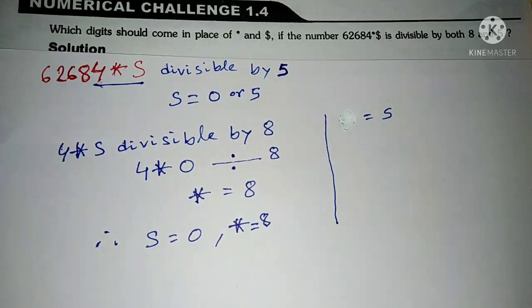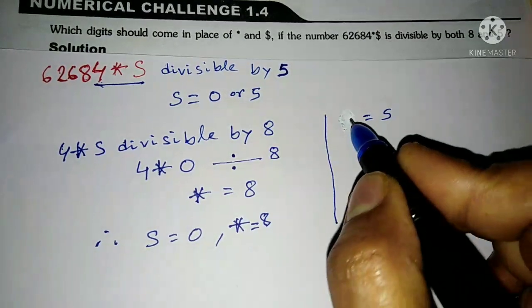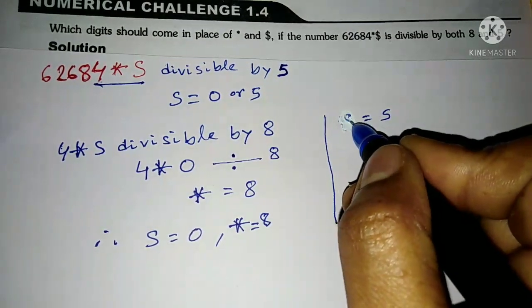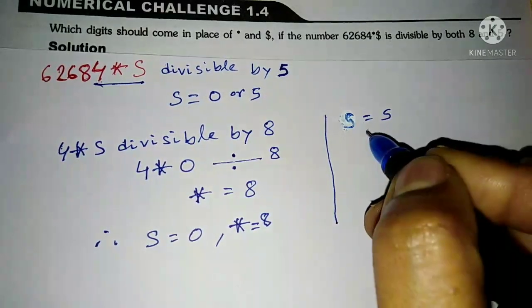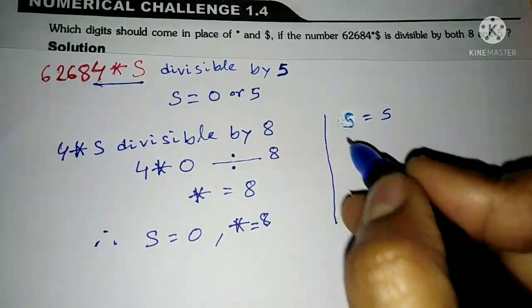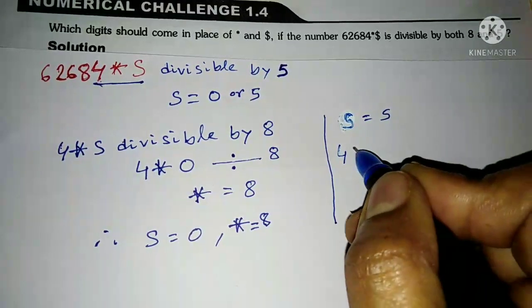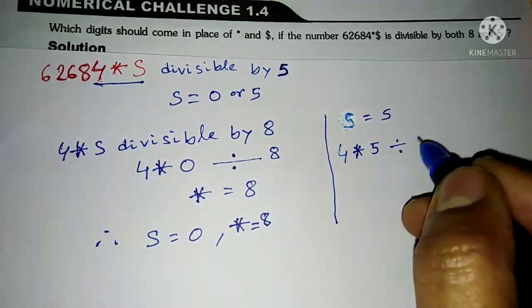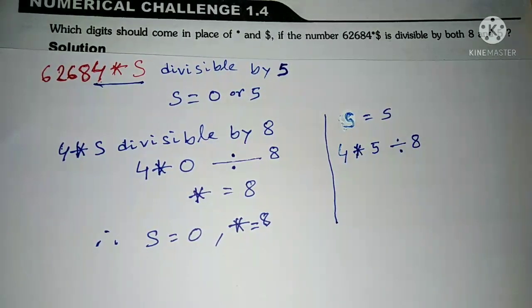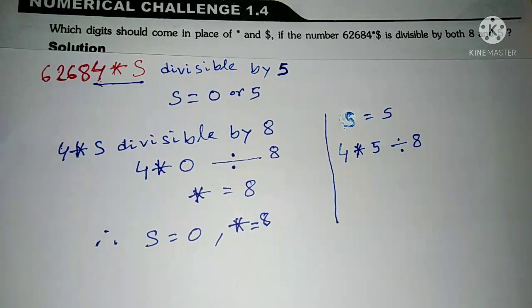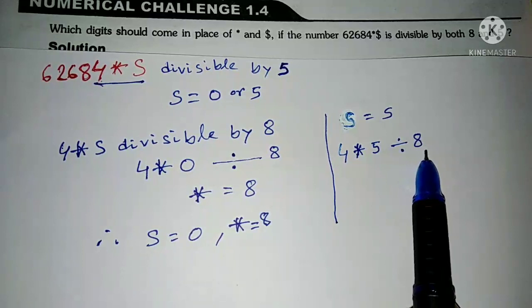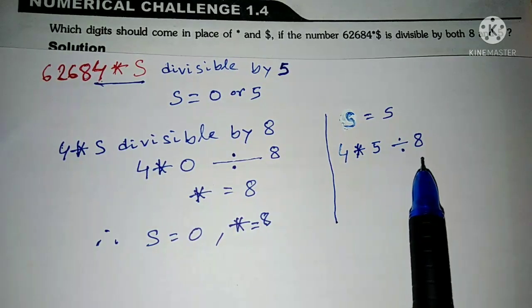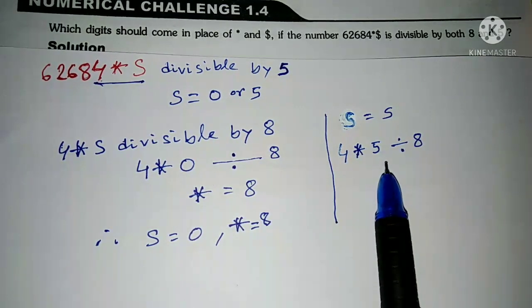Now in the second condition, if S is equal to 5, the number will be 4 star 5. If this number is divisible by 8, what should be the value in place of star? But observe, in the table of 8 there is no number which has 5 in the unit place.